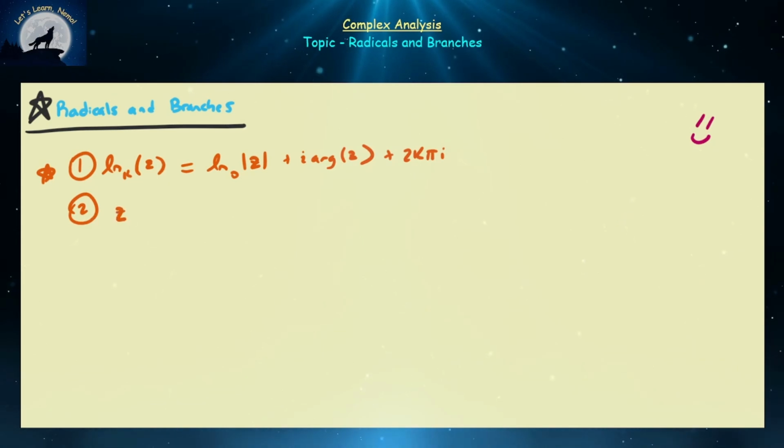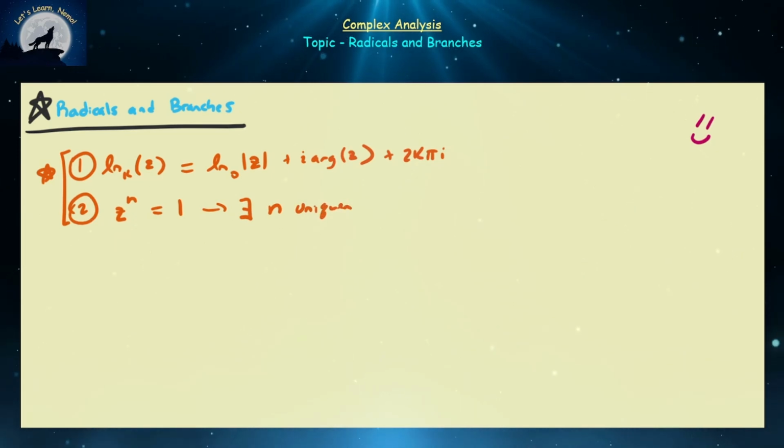And also, we investigated briefly how powers work in the complex plane. We realized that in some sense, powers in the complex plane not only scale objects, but rotate them. So if z to the power of n is equal to 1, then there exist n unique values. So where do these objects belong?